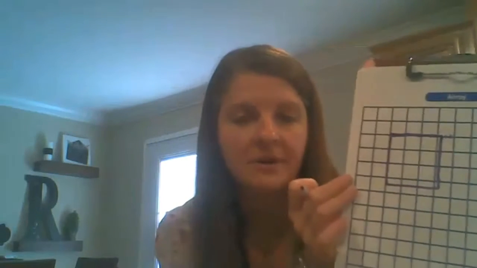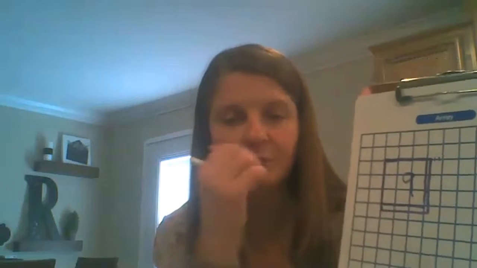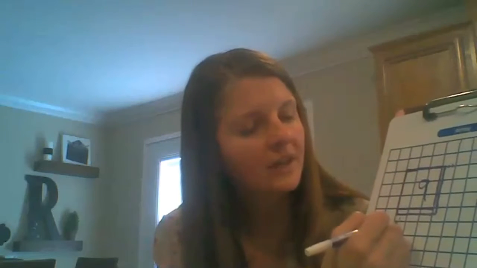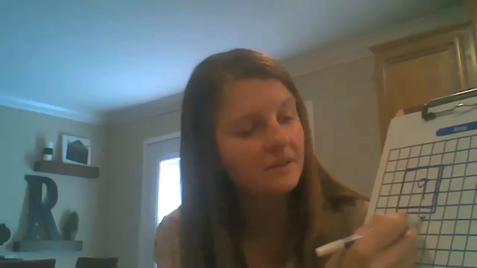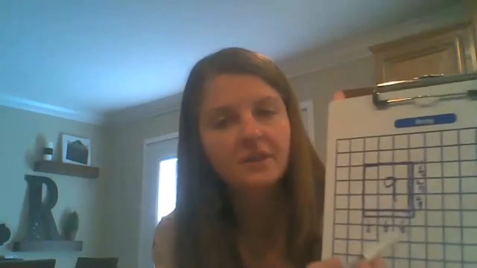So if you remember, last week we talked about looking at the whole square units first, right? And we would count and see that those were 9 because we have 3 across and 3 down. We would look at all of these halves right here. We would look at all of these 1/4 over here.